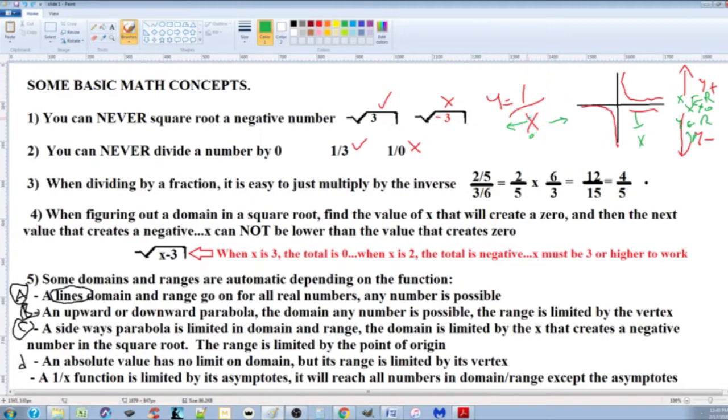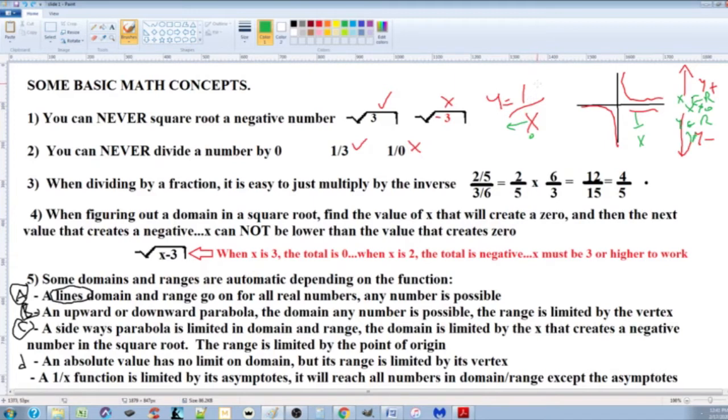Because no matter how small I make x, if I make x 0.000001, this number will become like 1 million. If I make x value 1 million down here, this fraction will result in 0.00001, but it'll still never reach 0. So that stems from the fact that you can never have 0 as the denominator of a fraction.